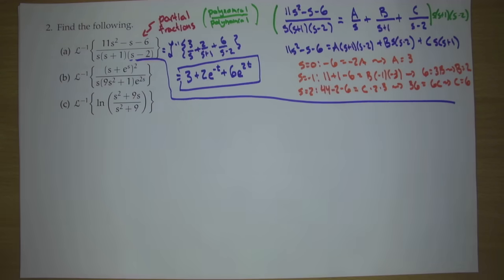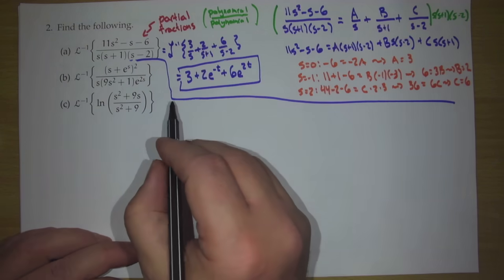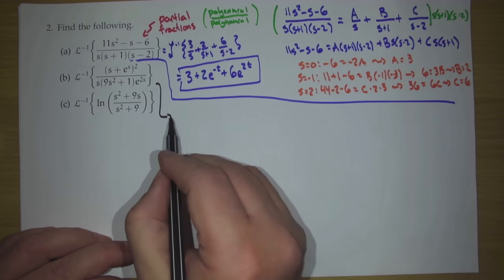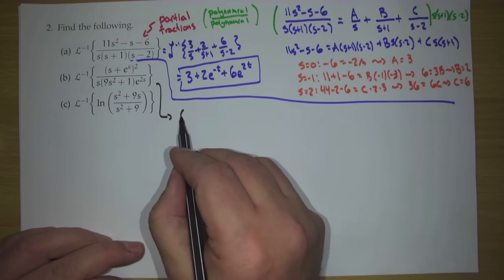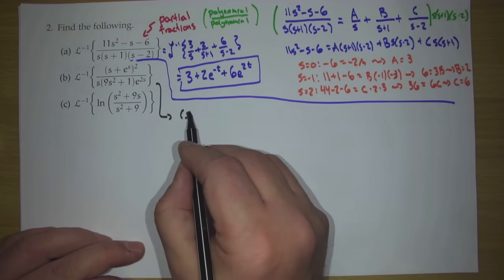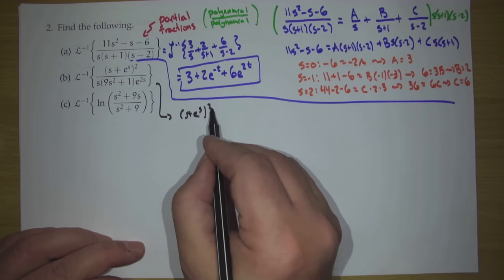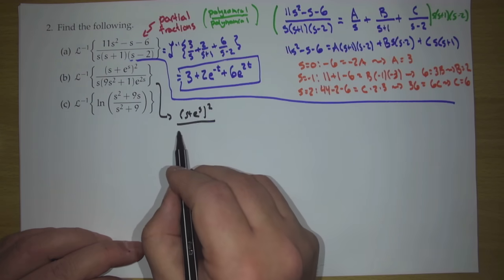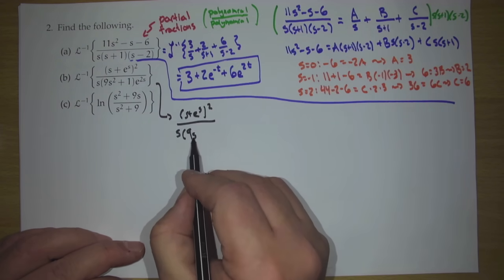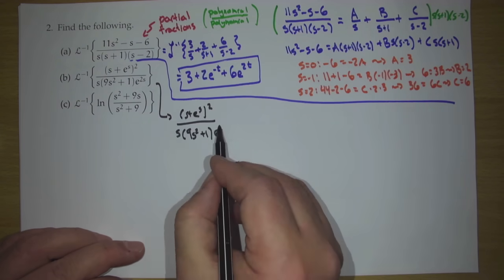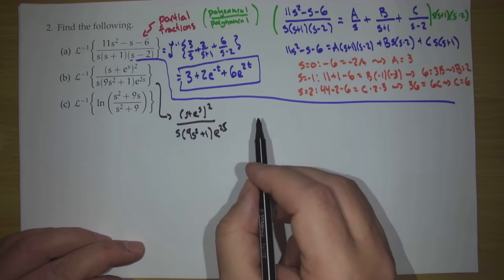No, because it's not polynomial over polynomial. So you've got to be careful. All right, so we're going to work on rewriting it. Okay, so what do we have? Well, let's expand the numerator as has been suggested. (s plus e to the s) squared over s times (9s squared plus 1) e to the 2s.